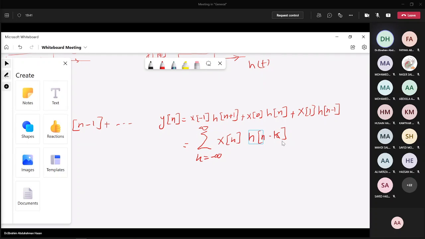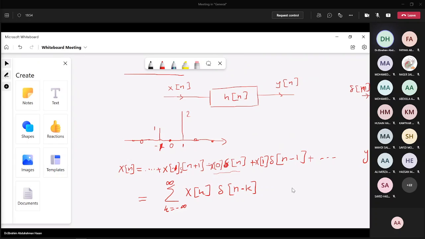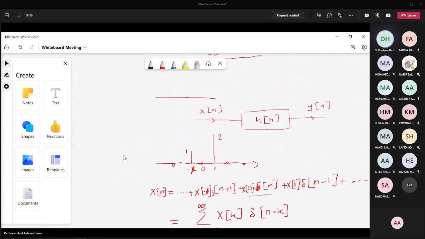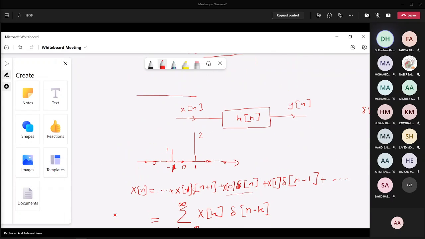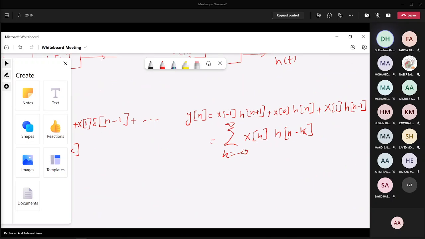Convolution sum because it is summation, it is for discrete. If it is continuous, then it is integration. So this is convolution. Okay, so then this is convolution sum.